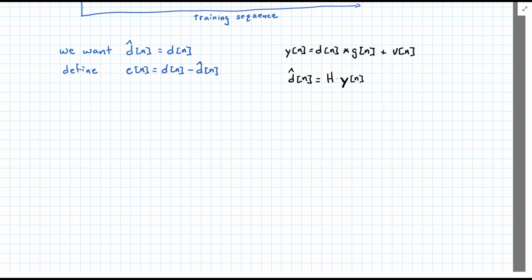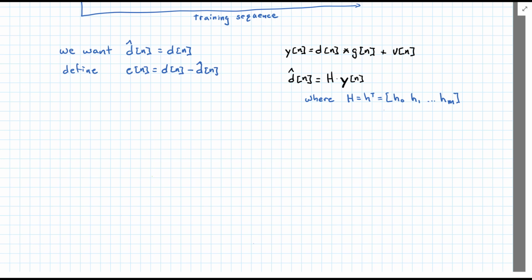Now, I've changed notations here again, and we're going to move back and forth between whatever notation is the most convenient at a particular time. But here, H is going to be simply a vector containing each of the filter coefficients, h0 through hm.